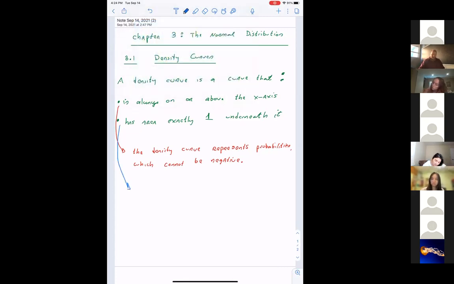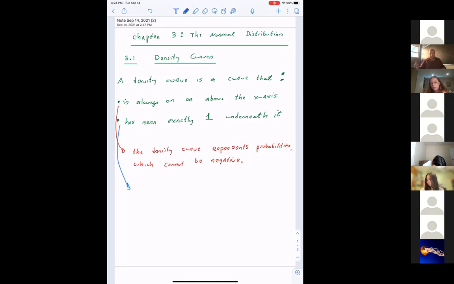How about having an area exactly equal to 1? What's the reason why the area should be exactly equal to 1? Well, again, if you add up all the rectangles, it has to add to 100% because every outcome has to be somewhere. If the density curve is the underlying reality for which the histogram is an approximation, then the area under the curve is basically the sum of the rectangles.